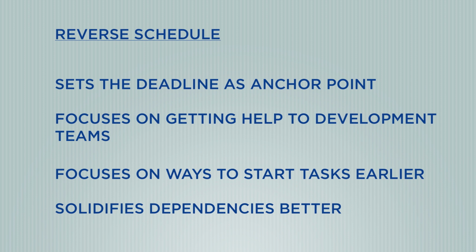And if you mix this reverse schedule with the forward schedule, it really helps to understand the parallelization of the tasks better, and most important, it helps to understand if you start early, does it help, and does the engineering team need any more resource help or some consultants you need to hire.